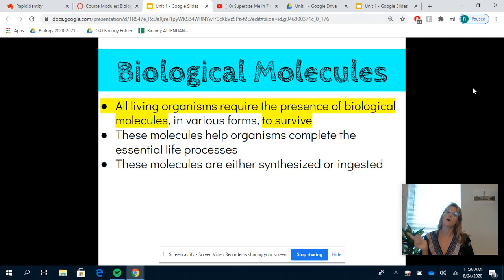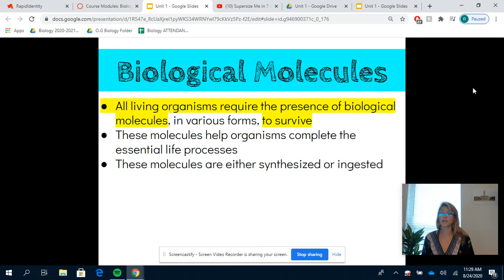So it says here, all living organisms require the presence of biological molecules in various forms to survive. So no matter if you are a plant, bacteria, a human, a dog, whatever you are, you need the presence of these four biological molecules. Obviously, the way in which I have my molecules is going to be arranged differently in me as compared to a plant.